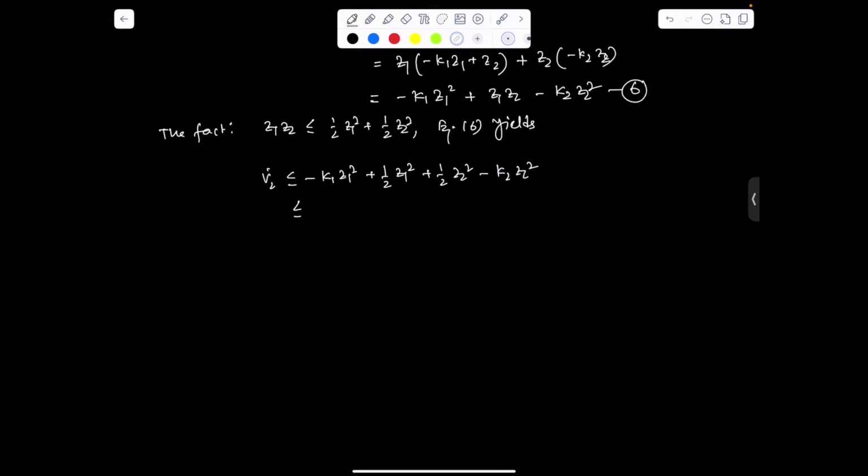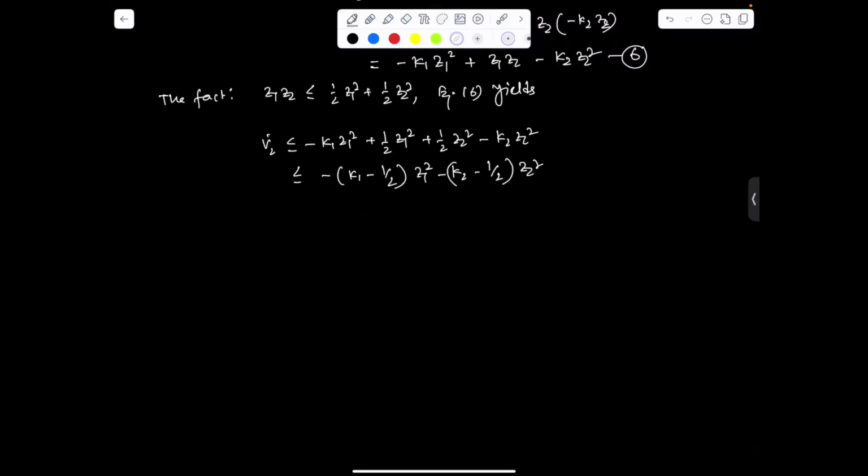From this we can write minus (K1 minus half) G1 square minus (K2 minus half) G2 square.